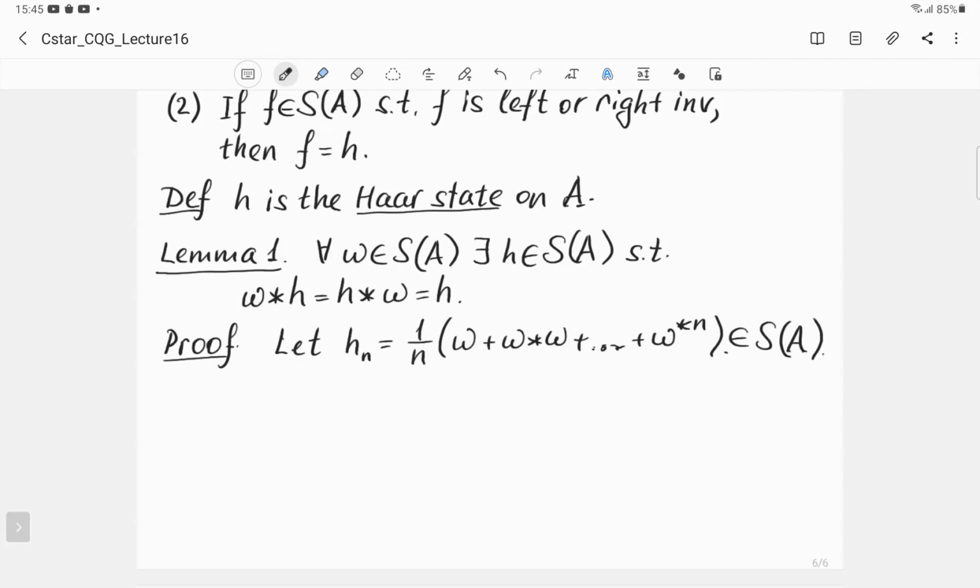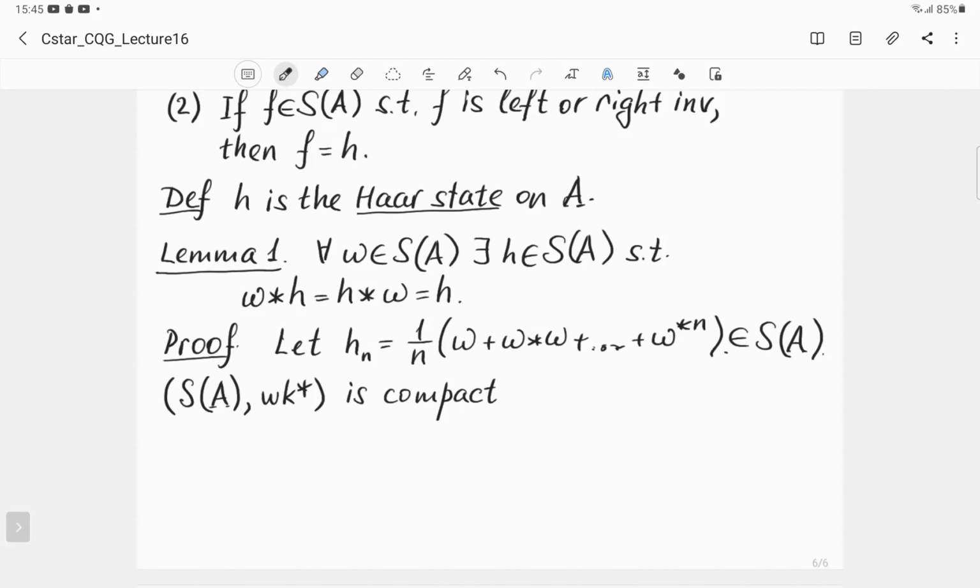So we have a sequence of states, and now apply the Banach-Alaoglu-Bourbaki theorem, which implies that the set of states equipped with the weak star topology is compact. Indeed, it's a weak star closed subset of the unit ball, which is weak star compact.